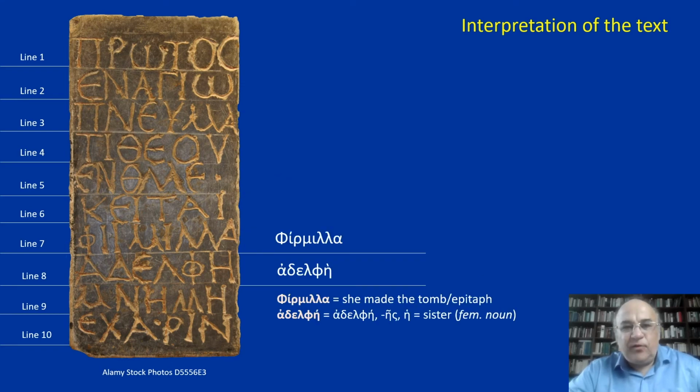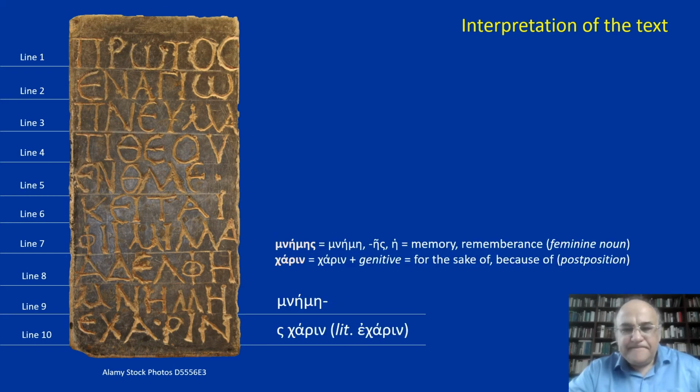Firmilla is a female form of Latin firmillus, which is the diminutive form of the cognomen firmus. The adelphi may either refer to a fellow believer or a blood sister, but the former is more probable. The mnemes charin is a typical closing formula in early Christian epitaphs, equivalent of the Jewish mneste formula.